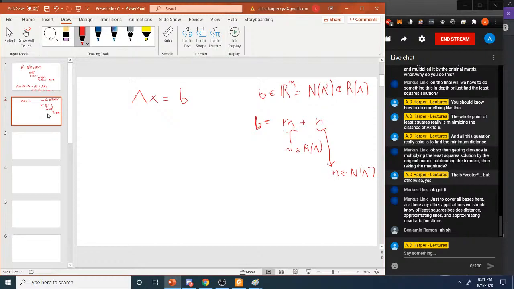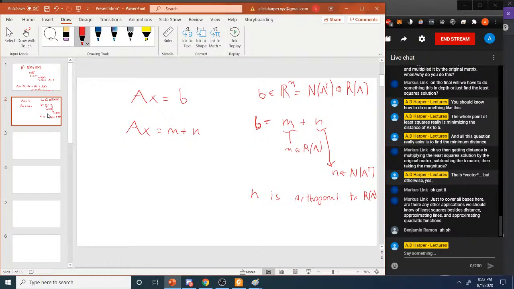So we get Ax is equal to m plus n, and n is orthogonal to the range of A, simply because this is orthogonal to this. So the best we can hope for is making Ax equal to m.